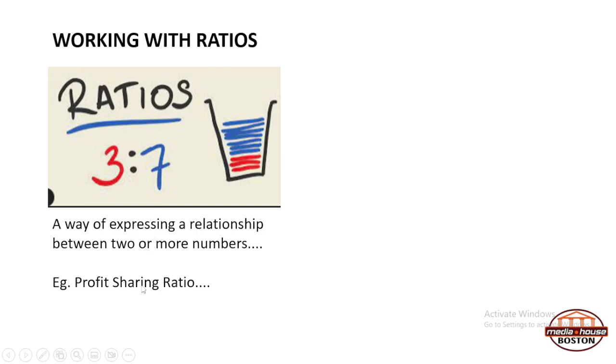For example, profit sharing ratios and gross profit margin ratios. With the gross profit margin ratio, we are comparing the cost of sales to the profit that has been generated. So that is the gross profit percentage.